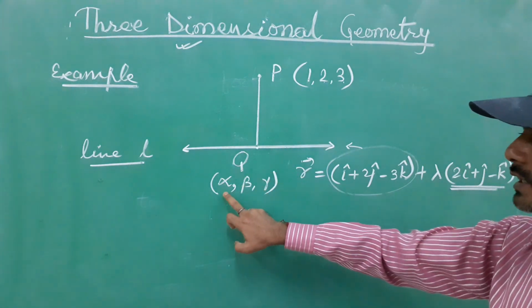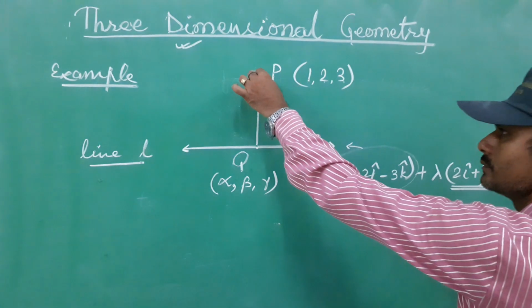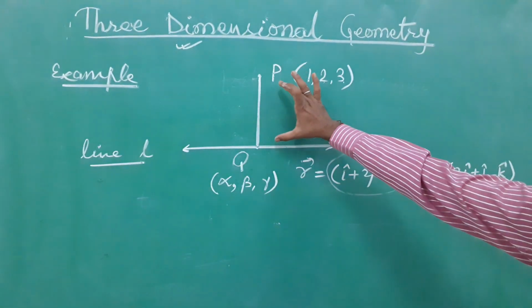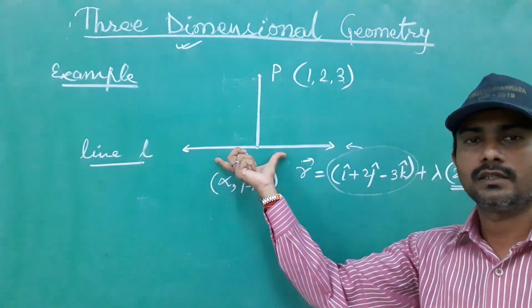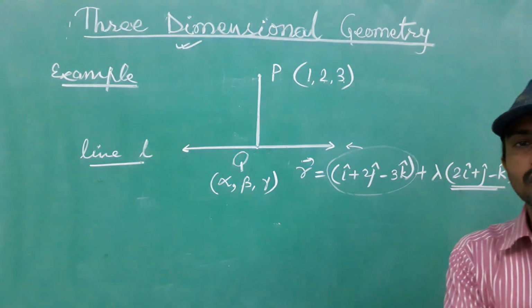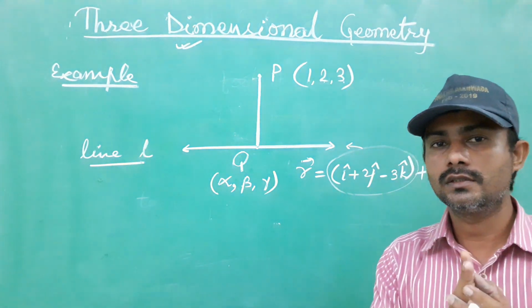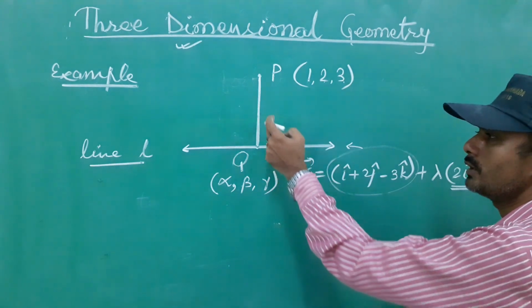Now PQ is perpendicular to line L. Here we can use the property of dot product. In vectors, if two vectors are perpendicular, then their dot product will be 0.